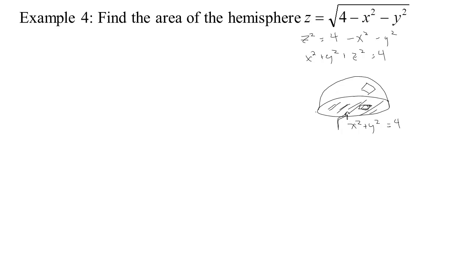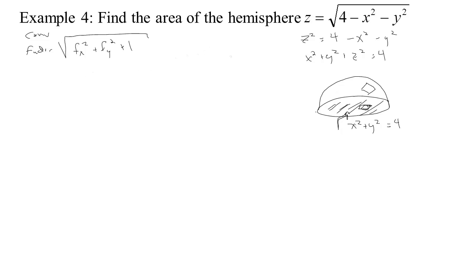That's what we need the conversion factor for, and we saw before that the conversion factor to change areas in this flat region in the coordinate plane to area on the surface in 3 dimensions is going to be the square root of f sub x squared plus f sub y squared plus 1.